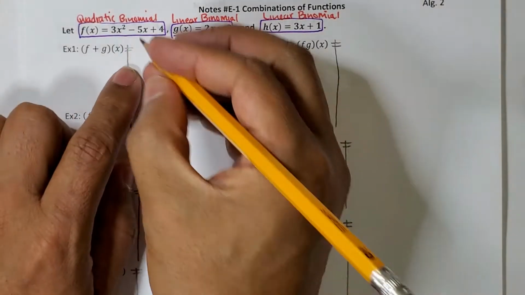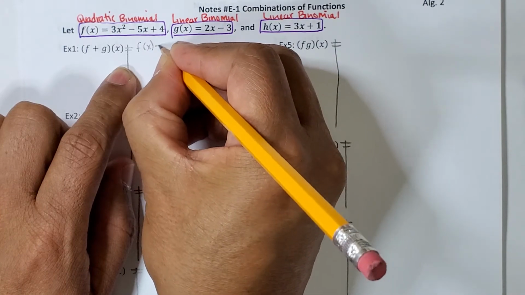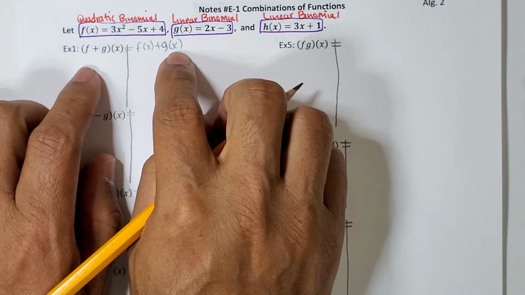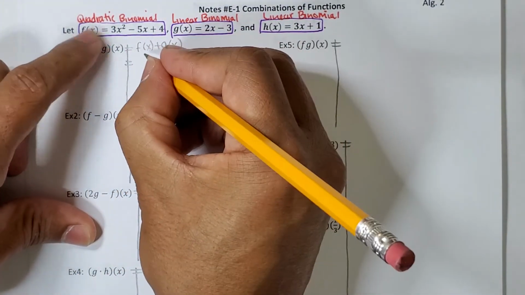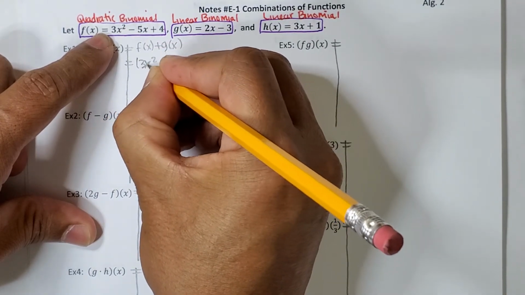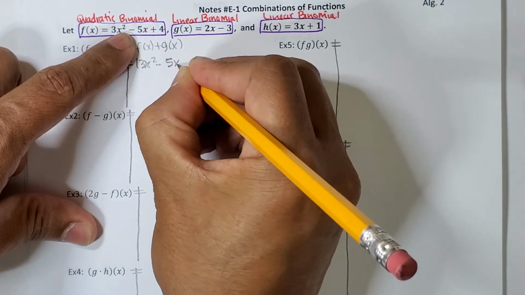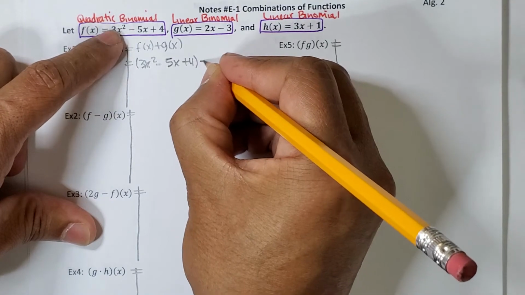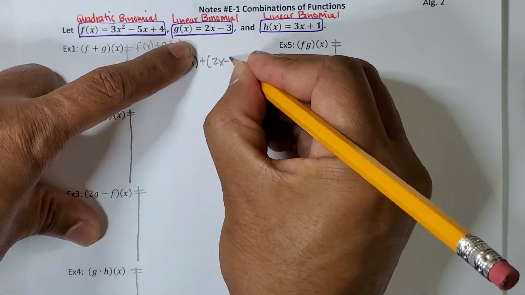On this first example, we are going to take the function f of x and add g of x to it. So f of x is 3x squared minus 5x plus 4, in parentheses, and you'll see why in a moment, especially on the second example, plus g of x, that's 2x minus 3.